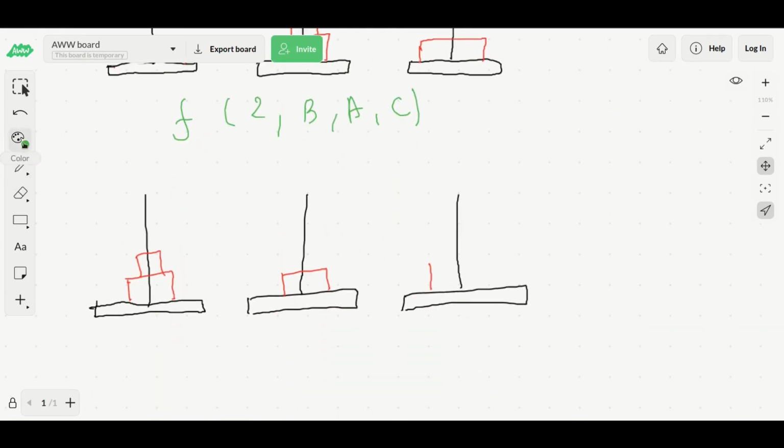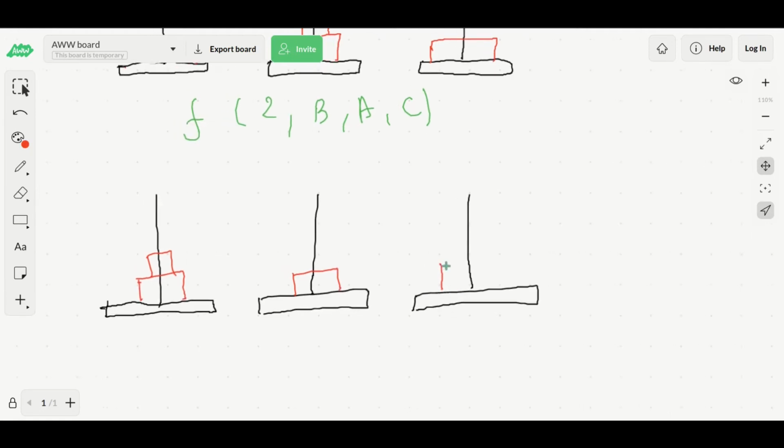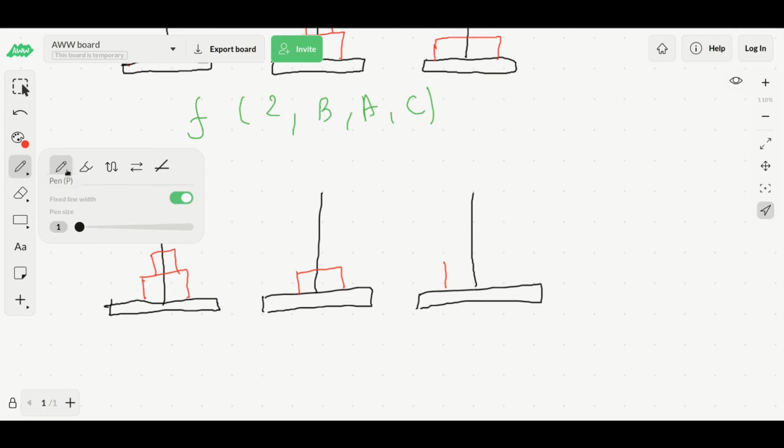Basically we need to do this. So here was that larger disk. We move these 2 disks from B to A to get to this position, and here we'll simply move 1 disk from B to C. So we'll move the disk over here, and then we will need to recurse on this.